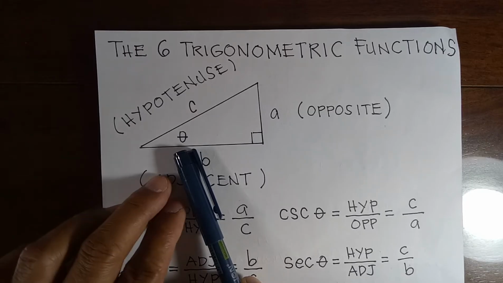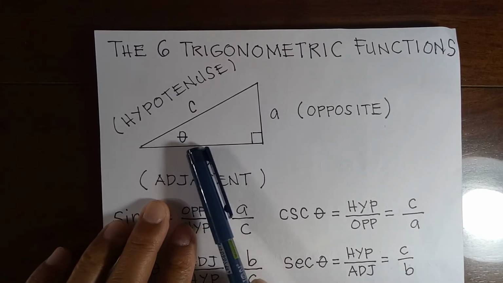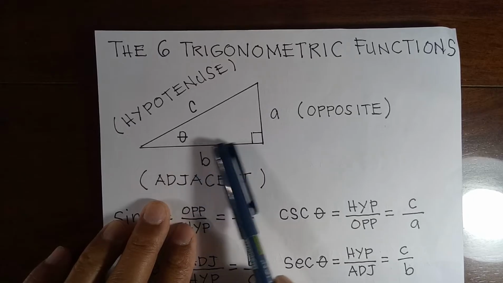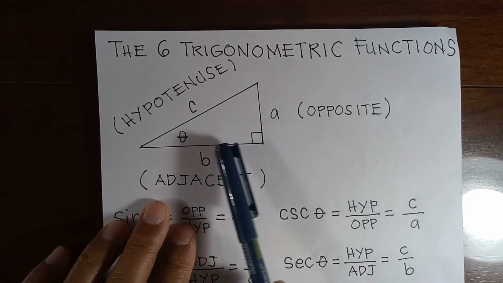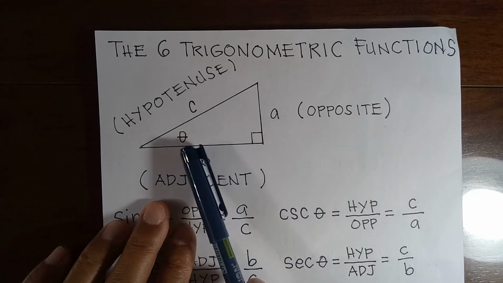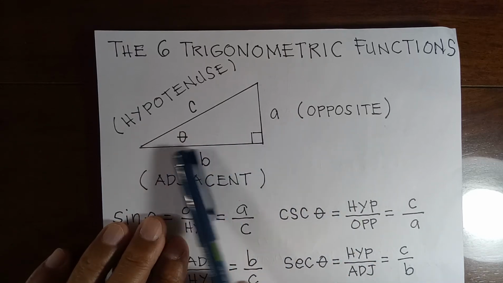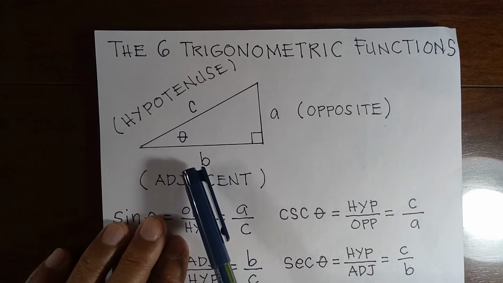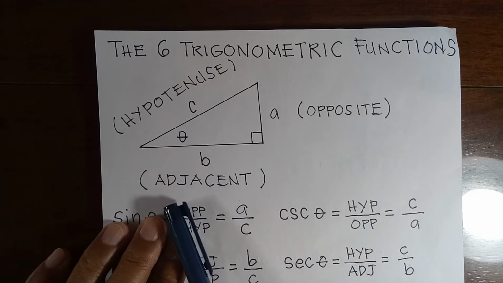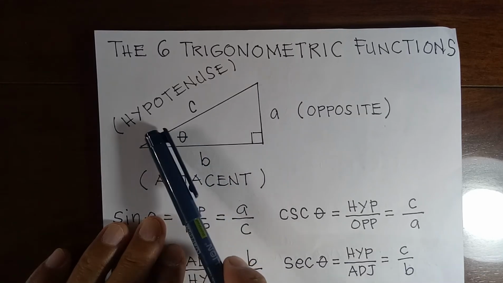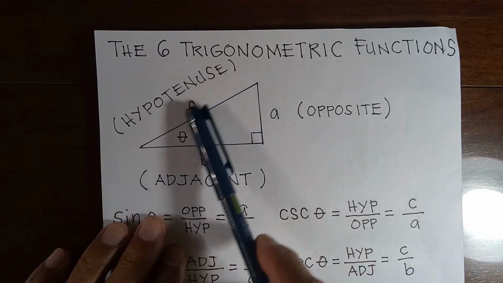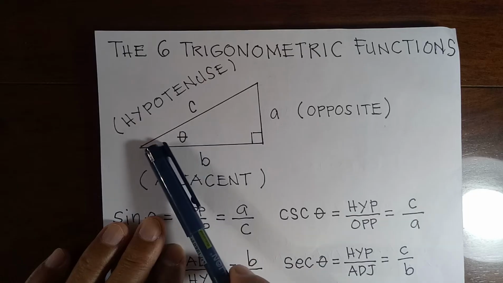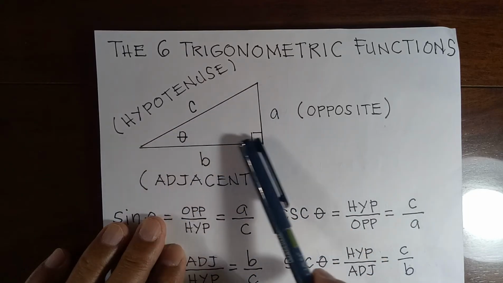So, this is an acute angle, ano? So, with respect to angle theta, side A is the opposite side, the side opposite angle theta. Side B is the side adjacent to angle theta. And C, the hypotenuse, no? When we say hypotenuse, the longest side in a right triangle.